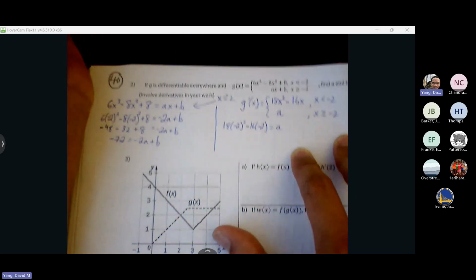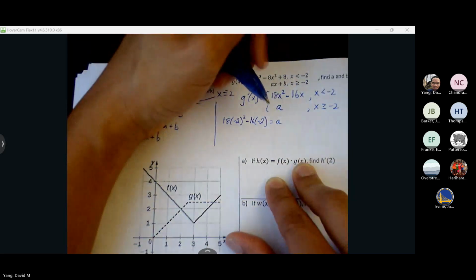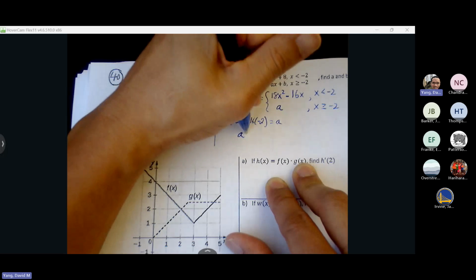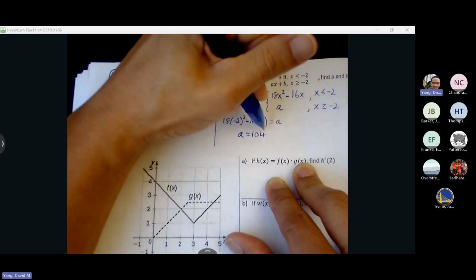Okay, use your calculator. Number crunch that, we get a equals 104.